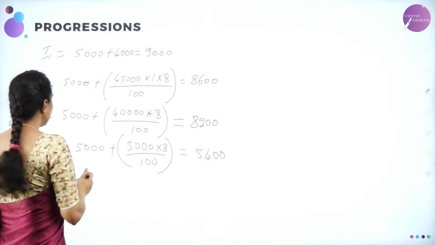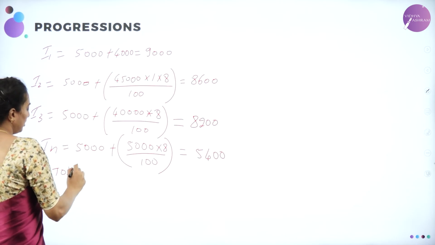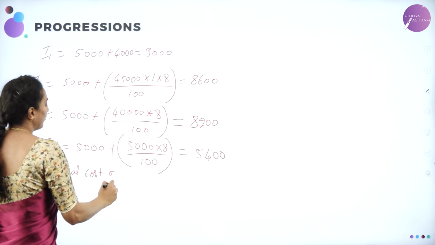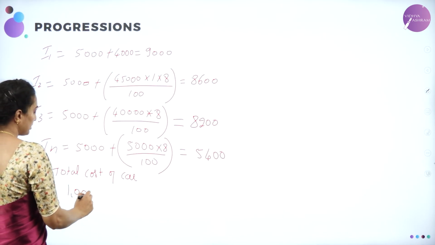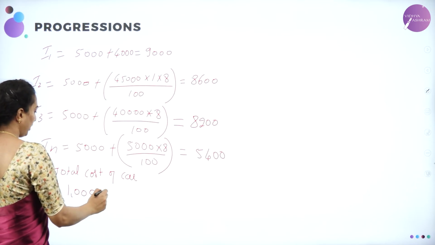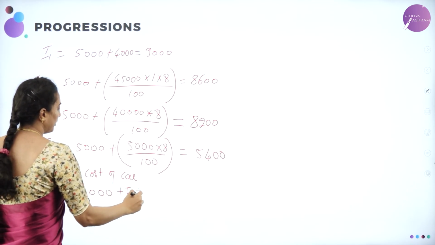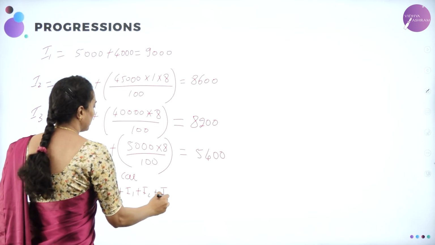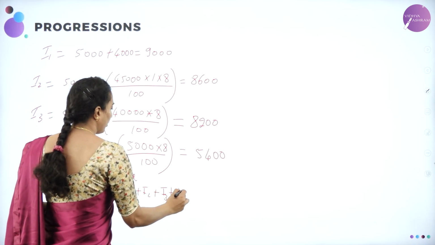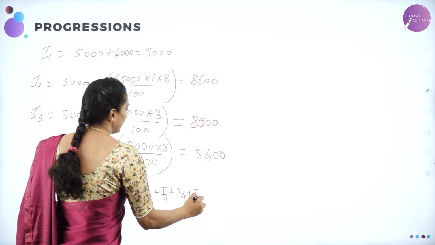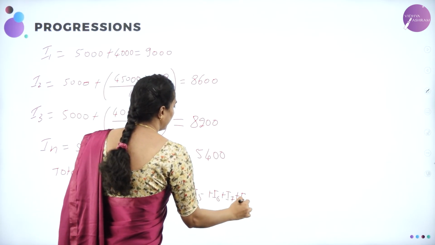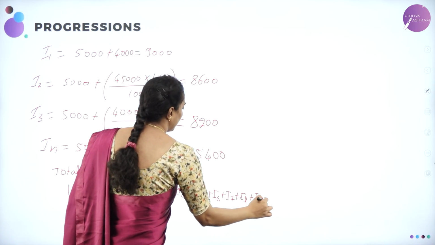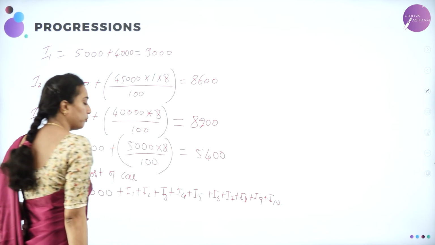Therefore, the total cost of the car is equal to what? You are going to get 1 lakh, because the first payment is 1 lakh, plus I1 plus I2 plus I3 and so on up to I10. 10 installments he is going to pay.